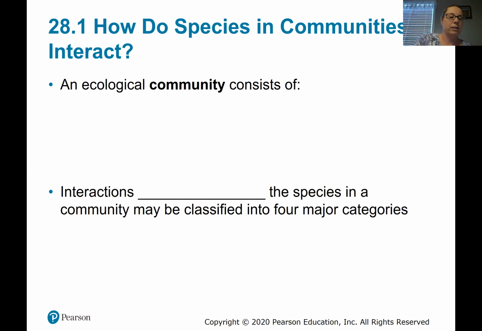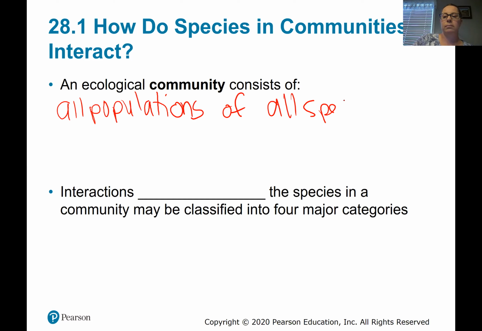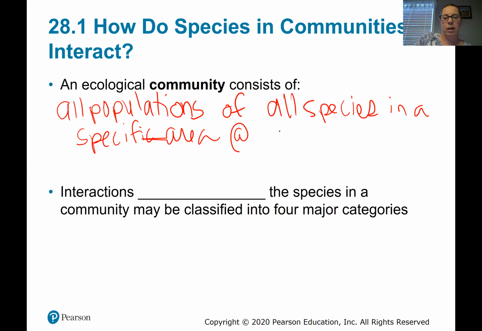And the community is going to be all populations of all species in a specific area at the same time.